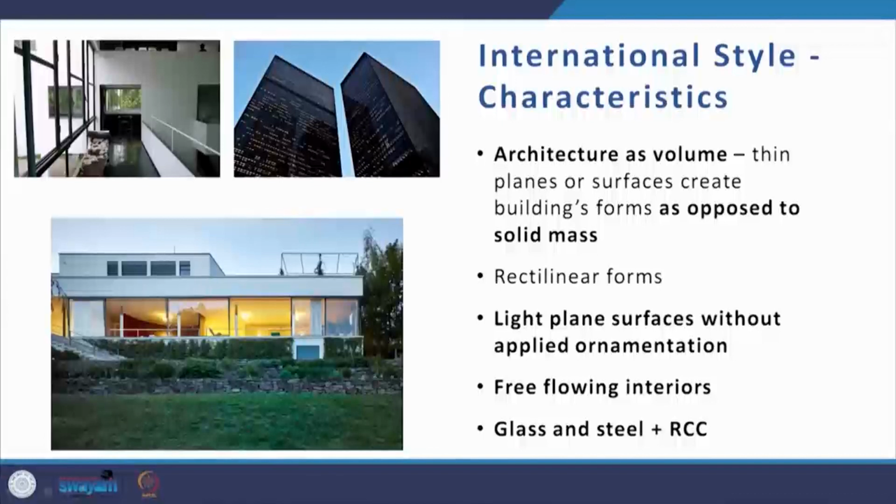So here we see that these surfaces became thin as opposed to solid mass. The forms were rectilinear. The light plane surfaces on the outside were without applied ornamentation, they were unadorned. The interiors were free flowing, and there was a use of glass and steel and RCC.